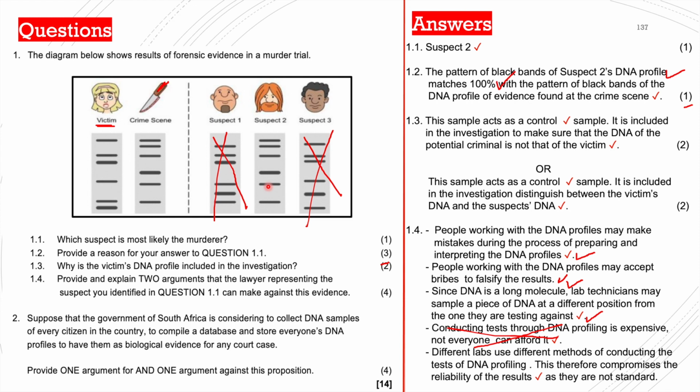What one argument can you make for this, and what one argument can you make against this? So this is not a content-based question. It is a cognitive level 4 question that requires you to think and make sense of the scenario that you are given. So what can you argue?